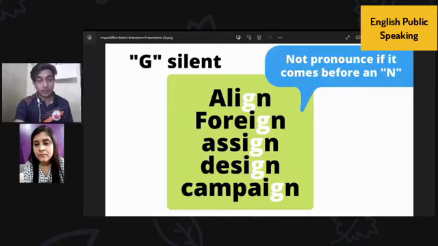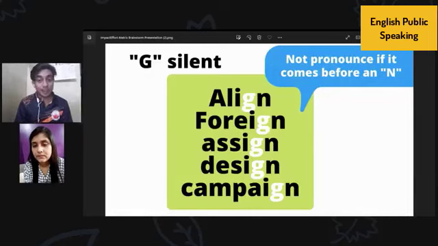You may notice that in every word Z is silent. We are not pronouncing it. You can see that every word has N after it. So that's the reason we do not pronounce letter Z.